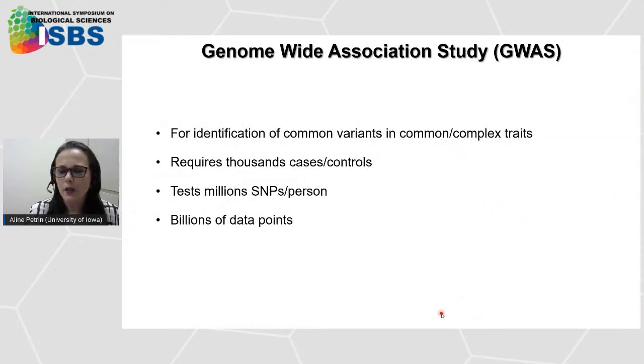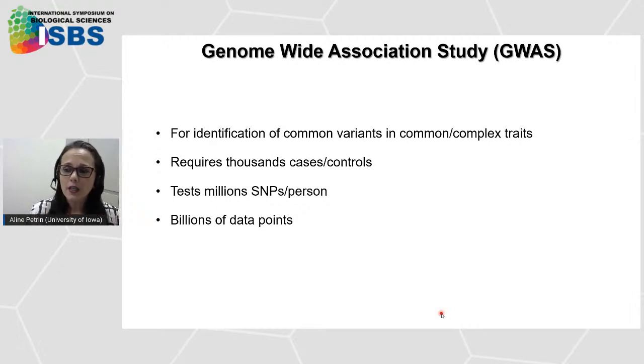So let me tell you a little bit about genome-wide association studies, which are most used for identification of common variants in common complex traits like clefting. There are mutations that are rare and have a very high impact, and when a person has one mutation it's enough to create a phenotype.